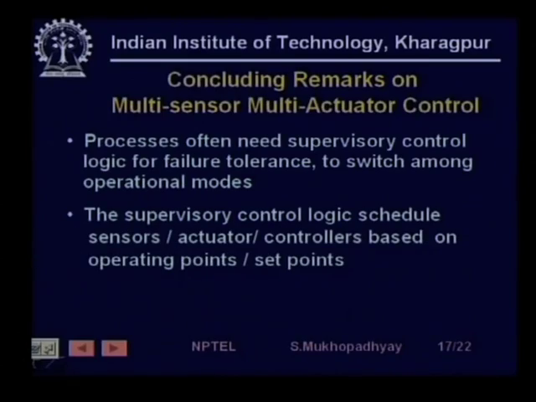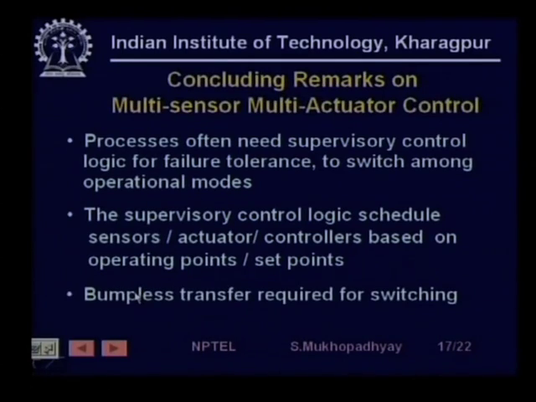So, this is sometimes achieved by these control loops. So, you can switch among operational modes, and this supervisory control logic schedules sensors and actuators, sometimes using this actuator, sometimes using that actuator, based on operating points and set points.